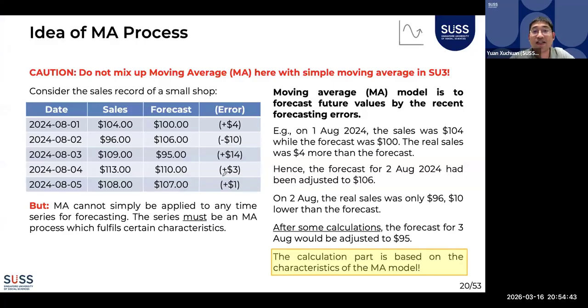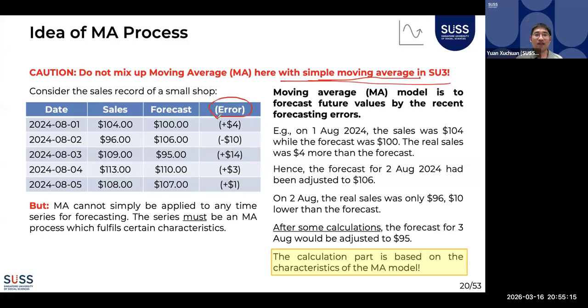This is not the same as the simple moving average we discussed in seminar 3, right? With that simple moving average, we smooth a time series and use it to make a forecast. But these are different things. Here this moving average will depend on your so-called forecast error, or observed disturbance, random noise.